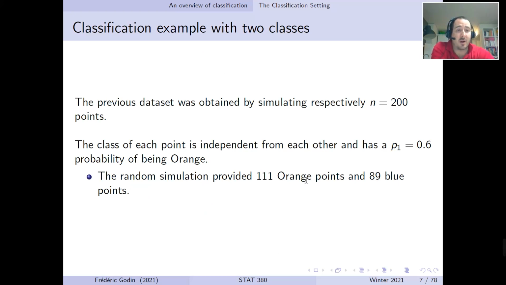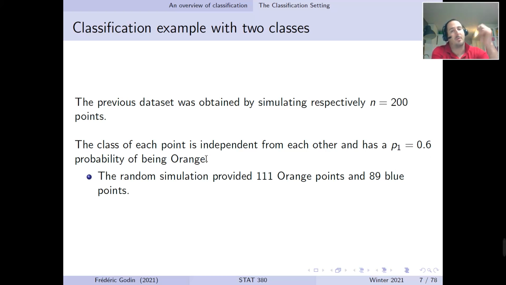Okay, so first we're going to describe how we simulated the previous data set. This was simulated in R. I used 200 observations, and for each point, first the class of that point was determined based on the following rules: a probability of 60% of being orange and 40% blue.